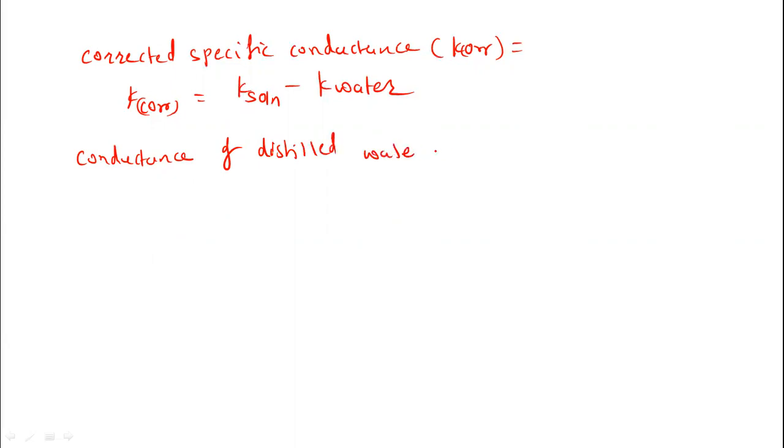Suppose we get a reading of 0.01 into 10 raised to minus 3; this is the conductance of distilled water. Then we have to determine the specific conductance of water. The specific conductance of water is equal to the cell constant multiplied by the conductance of water.